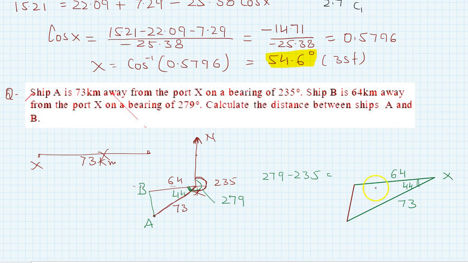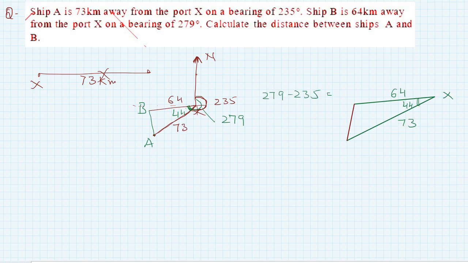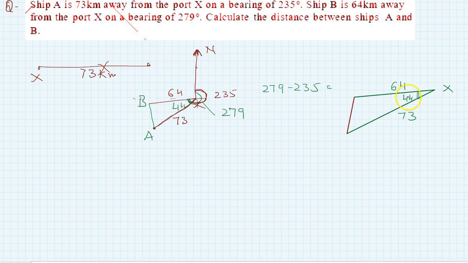This is a clear-cut case of the cosine rule, not sine. Two sides and the angle between them are given. So we have to find this. Suppose we say this is distance A. Our equation will start with A and end with cos of 44. So the square of this is equal to the square of this, square of this, minus 2, 64, 73, cos of this.